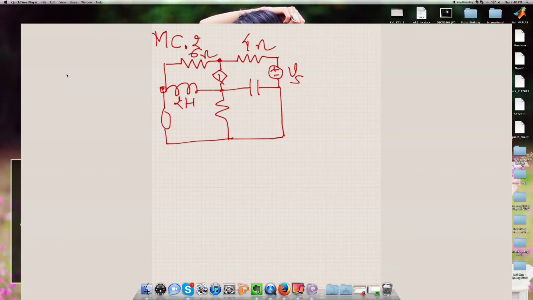This diamond has 2 V naught, but notice this current source, 0.25 farad. I have a squeezing pipe here, 0.25 farad. 2 ohm resistor, ground symbol.